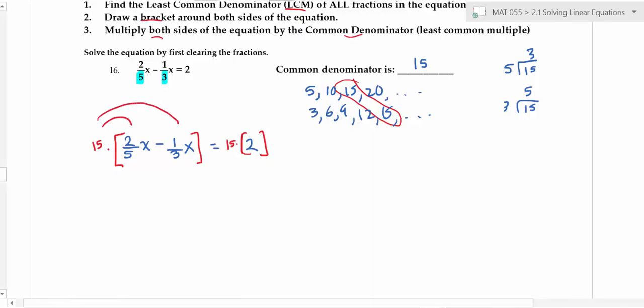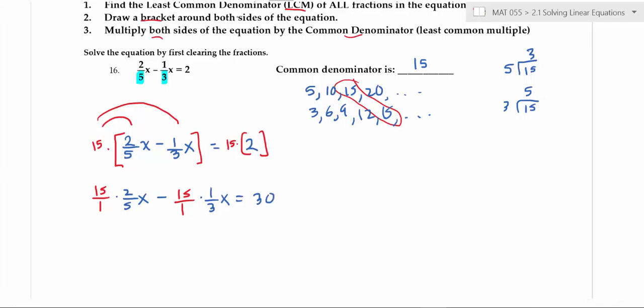So what we're going to have is you're going to have 15, and I'm going to put that over 1, times 2/5 x, bring that minus sign down. Then I'm going to do 15 over 1, like that, times 1/3 x. And of course, the right side, 15 times 2 is going to be 30.